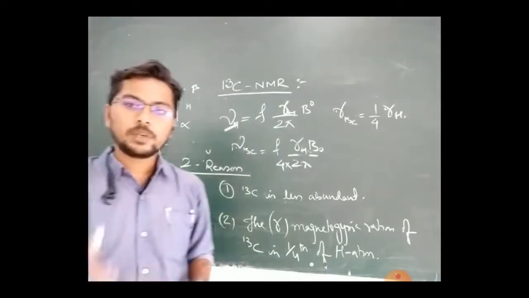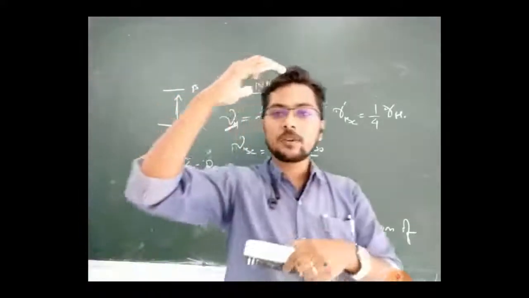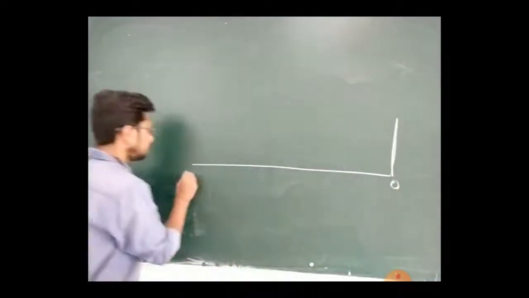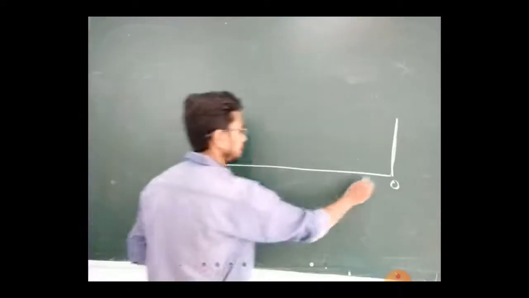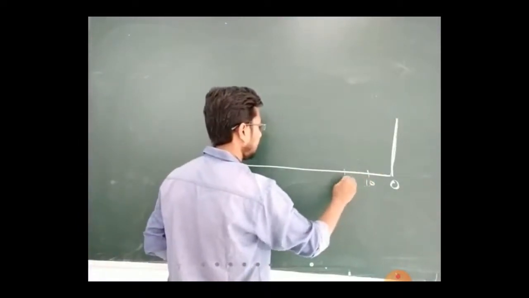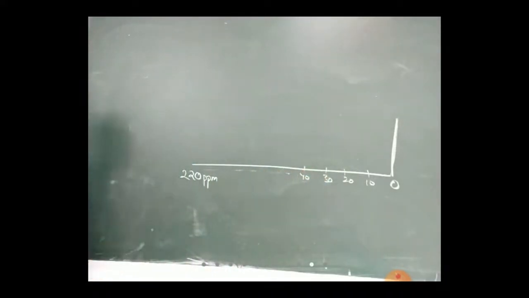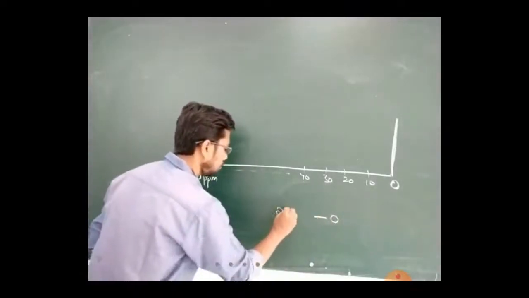As it decreases, your population difference also decreases. And the scale of the NMR in 13C is 0 till 220 ppm. So you have 0, 10, 20, 30, 40, and like this it goes on to 220 ppm. So the range is 0 to 220.